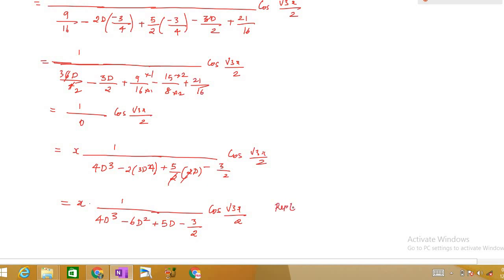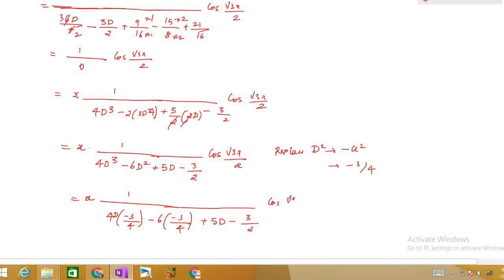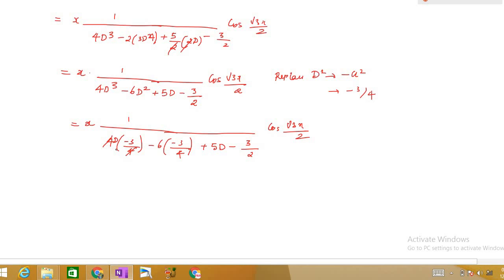Now again you have to replace D square is equal to minus 3 by 4. So if I do that, this will be x into 1 by 4 into, I can write D cube as D into D square. So in place of D square I can write minus 3 by 4, minus 6 into D square is minus 3 by 4, plus 5D minus 3 by 2, cos root 3x by 2. Now this 4 gets cancelled.